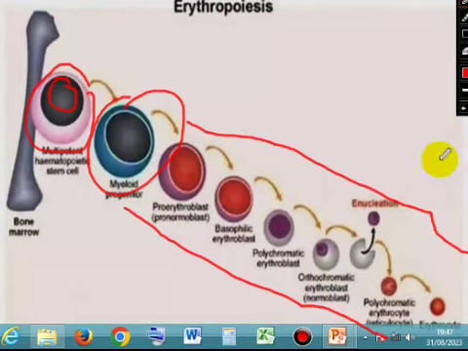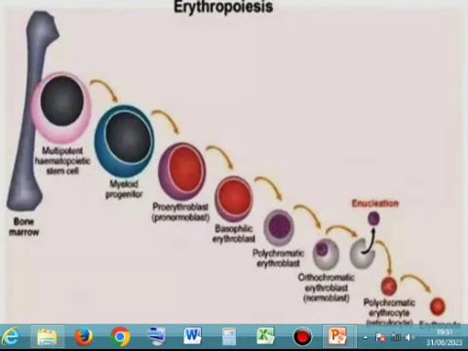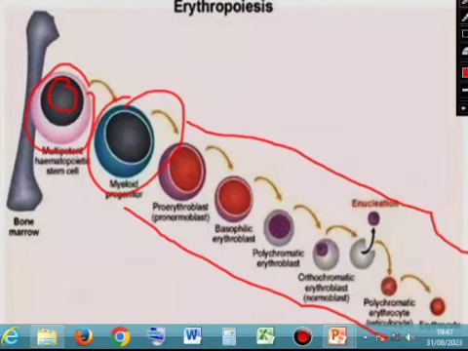Good. So there is size maturation, nucleus maturation, and cytoplasmic maturation. But let's dive into the stages of erythropoiesis proper.